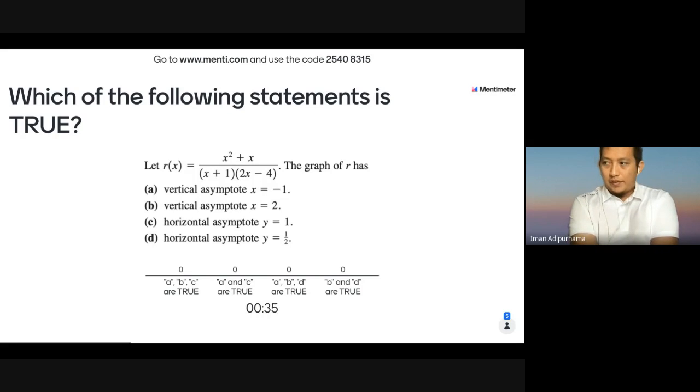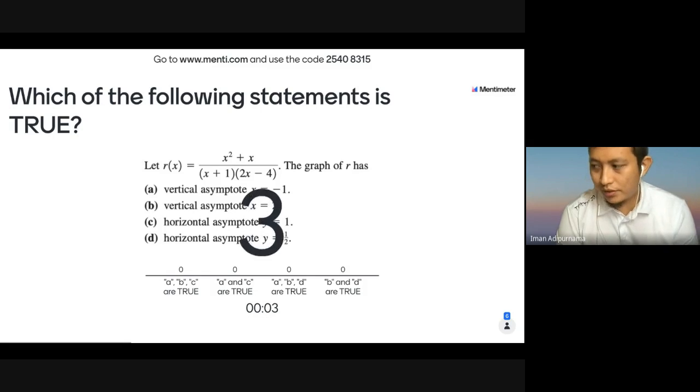Okay, we have 35, 34. Okay, 30 seconds. 10, 9, 5, 4, 3.